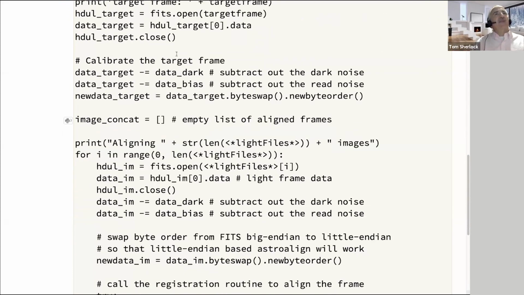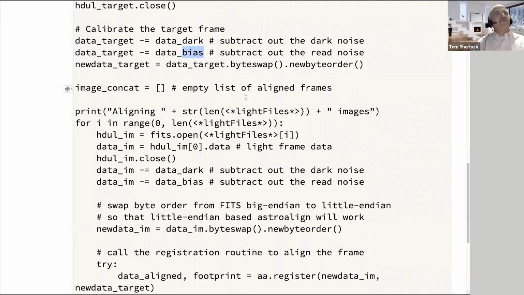And we're calibrating the target frame by subtracting out the dark noise and the bias noise. And this is a bit of fiddle-dee-dee here because the data coming from the FITS files is in big endian format, and the alignment routines work with little endian format data, so we have to swap it around.